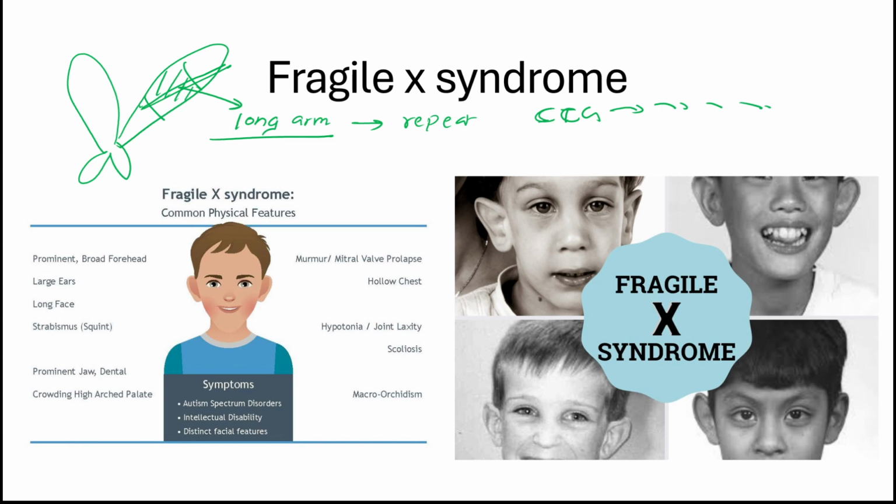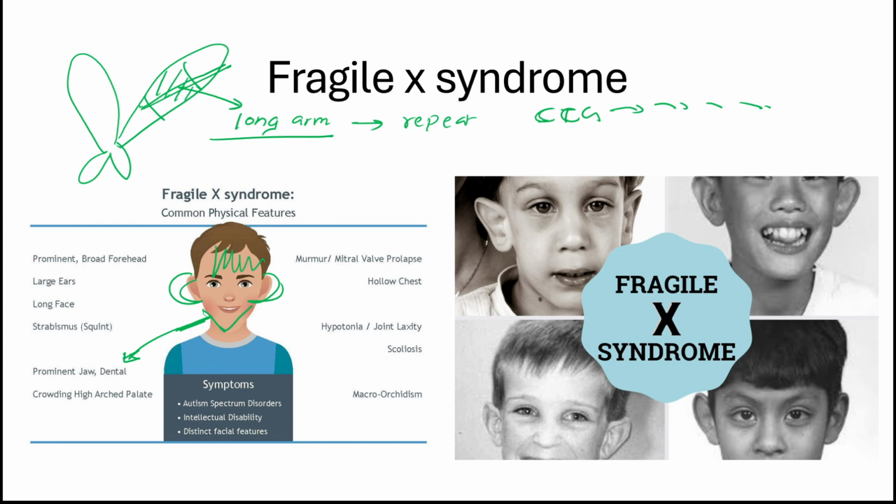Of course, they will have few changes or manifestations in their skeletal structure as well as their fat distribution. Should know this, but not very prominent. They will usually have pointed chin, prominent jaw, and the presence of large ears with a broad forehead.